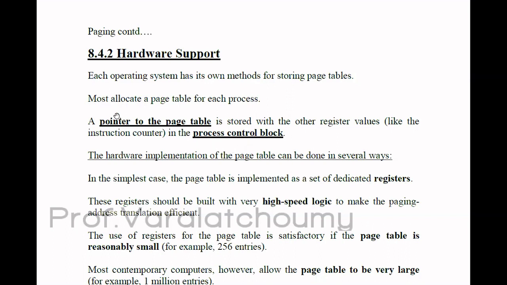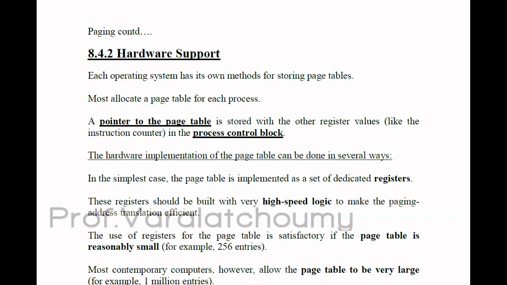So a pointer to the page table is maintained in the so-called process control block of every process. This is how the page table for a particular process is correlated, and how the operating system binds the page tables to the process.